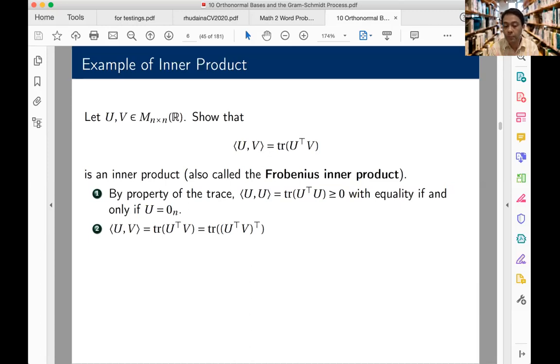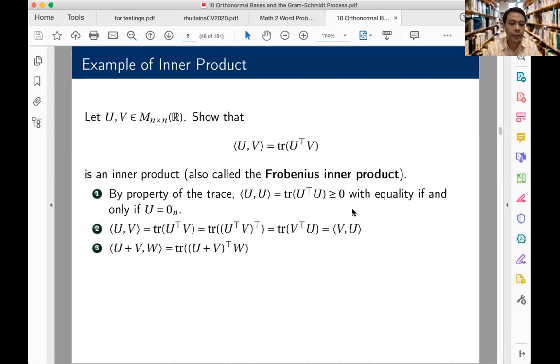So the transpose of U transpose V becomes V transpose, then U transpose transpose. But U transpose transpose is just U. So by our definition of the product, this is the same as the product VU. And because of the equality here, we see that the product UV equals the product VU, and that satisfies our symmetry axiom. How about the third condition?